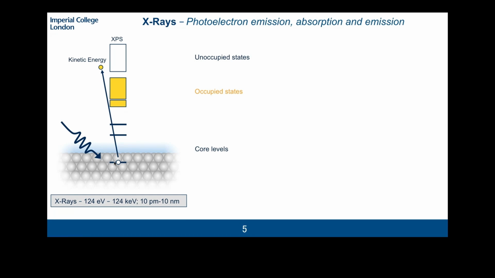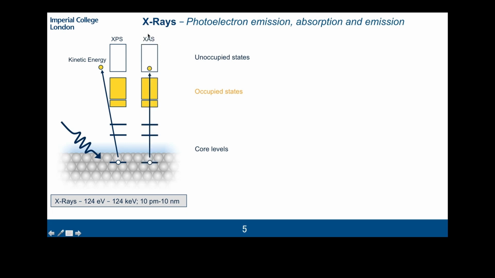And based on the different processes that you might be looking at, you can categorize these effects into different spectroscopies. So for example, in X-ray photoelectron spectroscopy, you can take this core electron and excite it out of the material, and you measure the kinetic energy of this core electron as it's emitted from the material that you may be looking at.